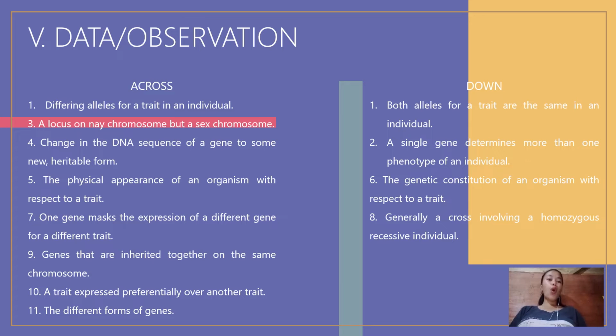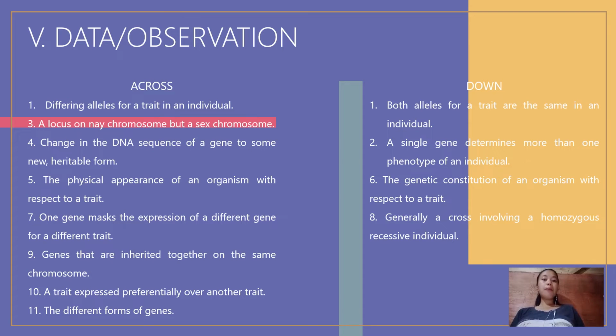So let's move on to the down portion. First, number 1 down. Both alleles for a trait are the same in an individual. From the words alleles for a trait that are the same, it is homozygous. Number 2, a single gene determines more than one phenotype of an individual.